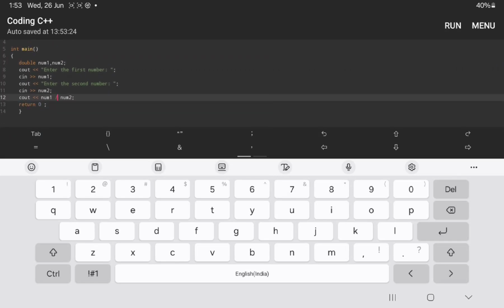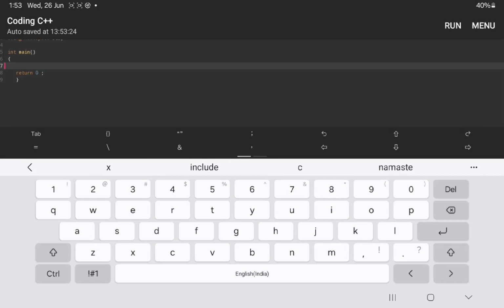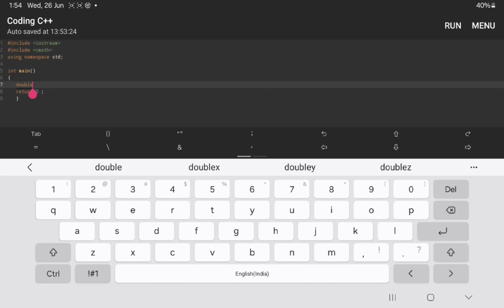Now we are going to see the user defined, which means we are not going to give the input. The user is going to give the input. Let me show you. So first I am going to remove this code. Now this is the better calculator.